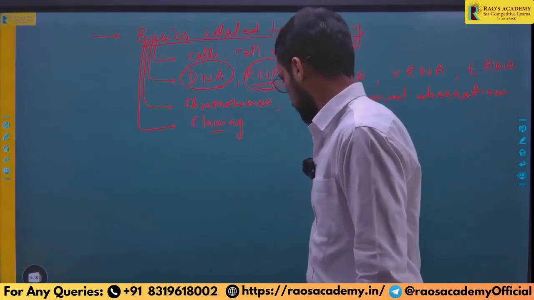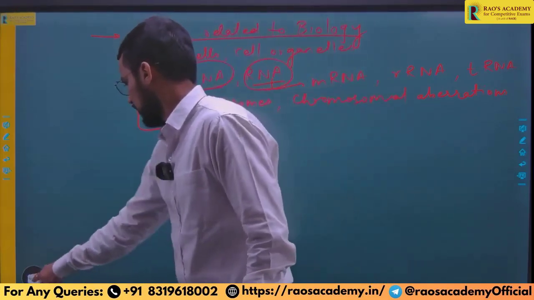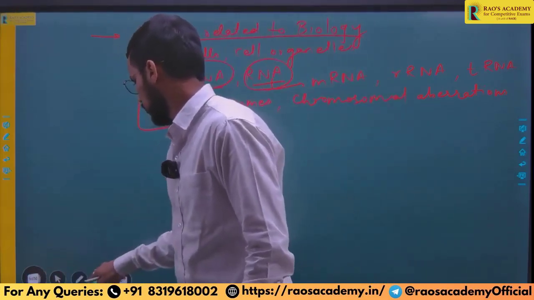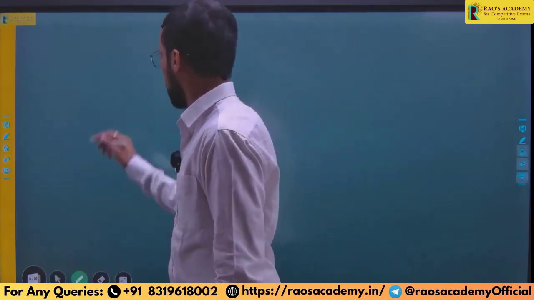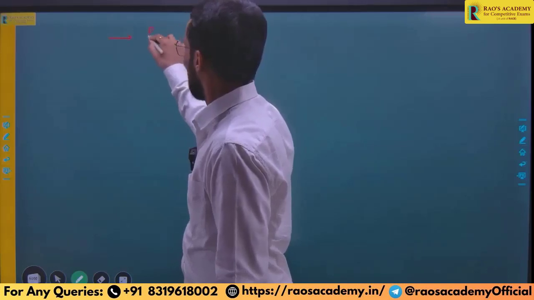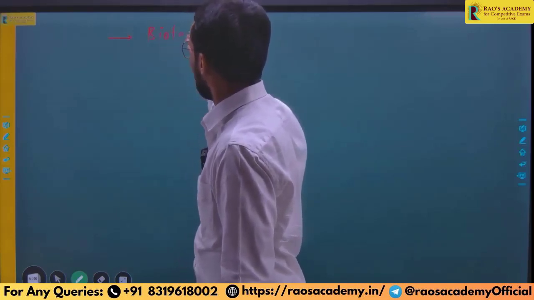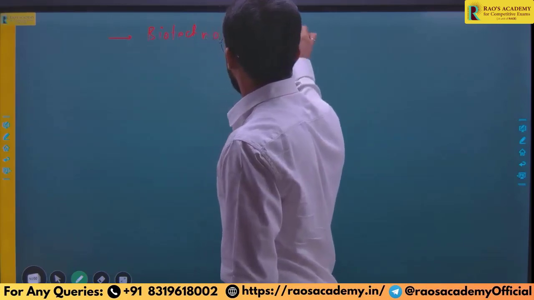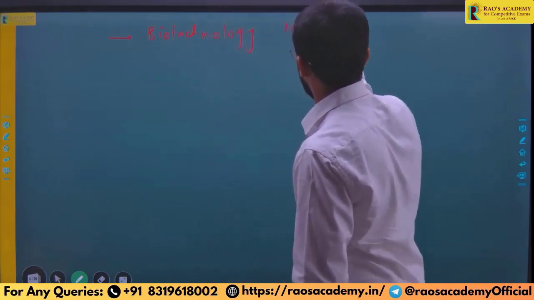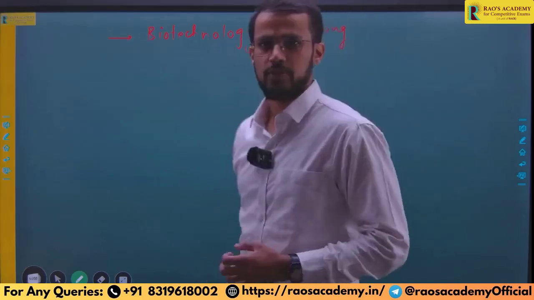Now, once you are done with this, you are supposed to know about the introductory part of this biotechnology. What exactly do we mean by biotechnology, the meaning of this technology, right? So what exactly is biotechnology?